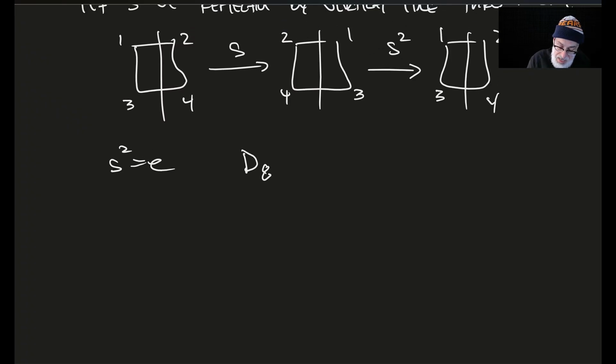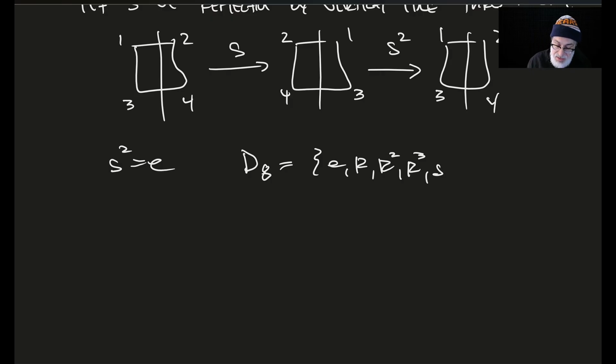So D sub 8, the dihedral group, is a collection of all of these elements that we have. We won't list E twice, of course. So we have E, we have a reflection, we have 2 reflections, we have 3 reflections. Now we have S squared, which is just E. But how do we make sure that we don't have duplicates?